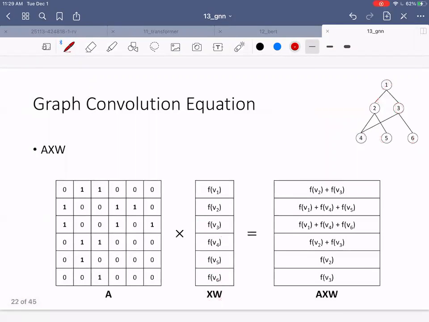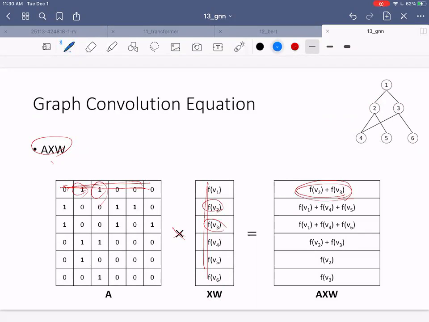If you multiply the two, A times XW, what you get is this. You do an inner product of this row with this matrix, and you get FV2 plus FV3, because only these will survive. So this plus this becomes this.